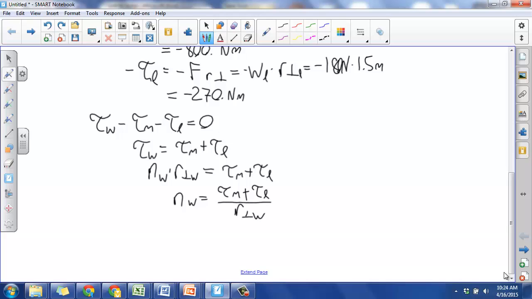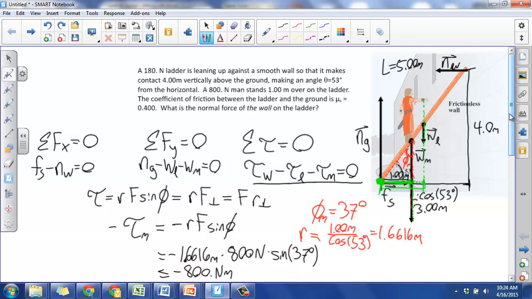So if we can find R perpendicular for the wall, so this is going to be 800 Newton meters. Why positive 800? Because it was negative torque that was equal to the negative 800 plus 270 Newton meters divided by, well, what is R perpendicular for the wall? So let's be careful here. The normal force goes this way until it reaches here.